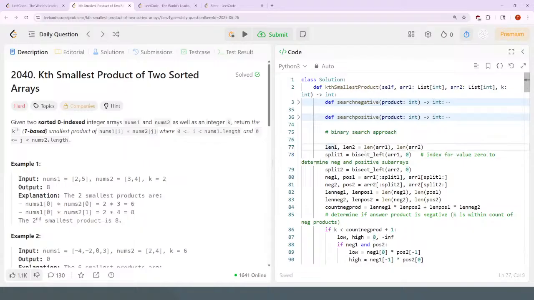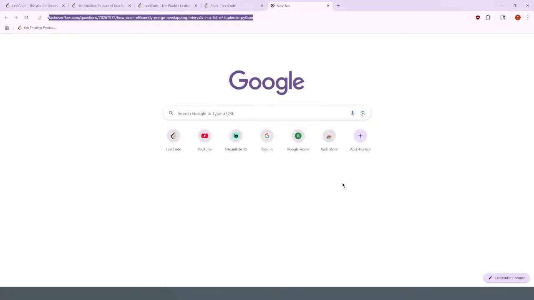So that's where split 1, split 2 come into play for those arrays, and then I go ahead and split those two arrays, making neg1 the negative values for array 1, pos1 the positive values for array 1, using splicing syntax for Python. I wonder if I use splice correctly. Is this splicing?